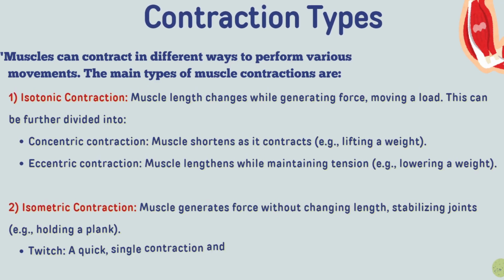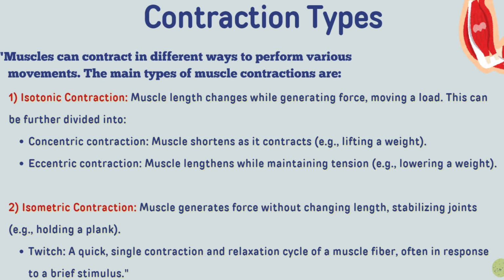Then we have contraction types. I'm going to go through that at light speed. Muscles can contract in different ways to perform various movements. There are basically two types of contraction: isometric and isotonic. Isotonic is when muscle length changes while generating force, and isometric is when the length does not change.